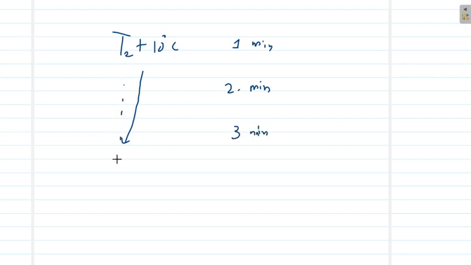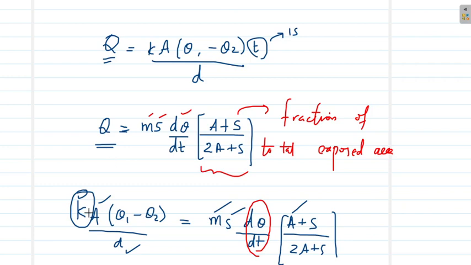From the falling temperature and the growing time, we can calculate d theta by dt. Given that, you can find the thermal conductivity K of the bad conductor. All the other quantities are found from the experiment itself.